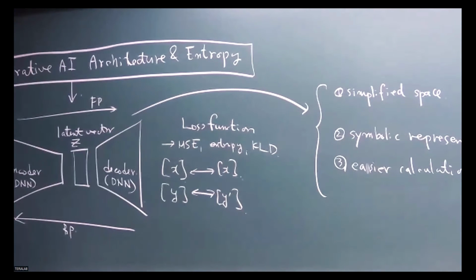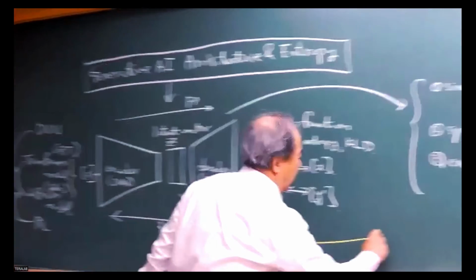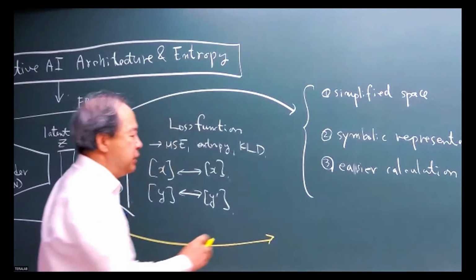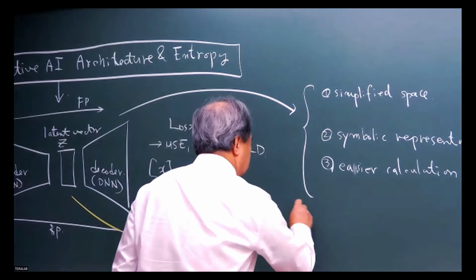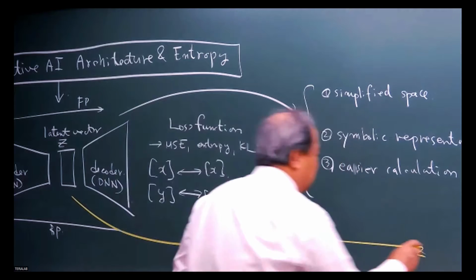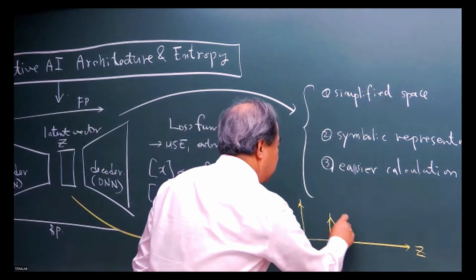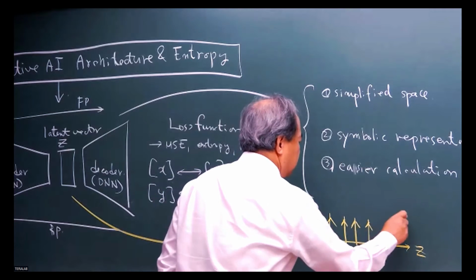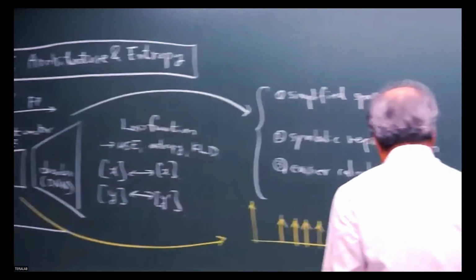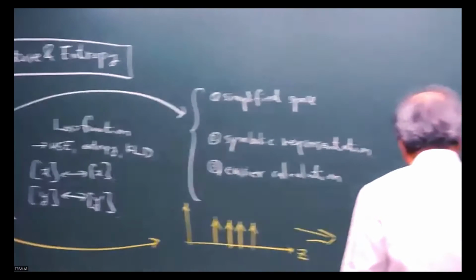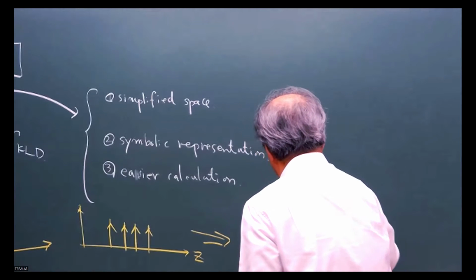Another interesting observation I have so far in generative AI is that G space is not discrete. It is more like a probability distribution.